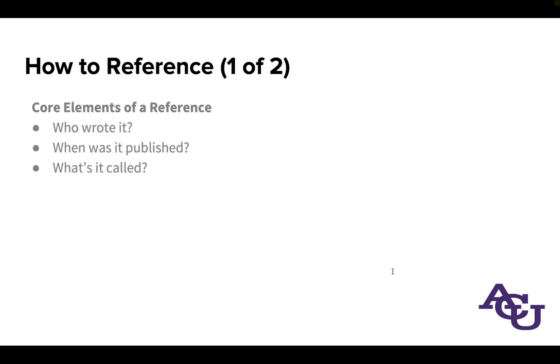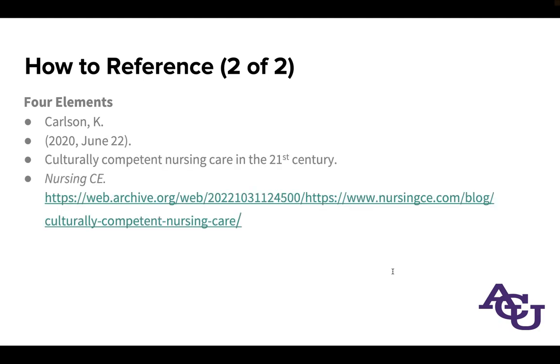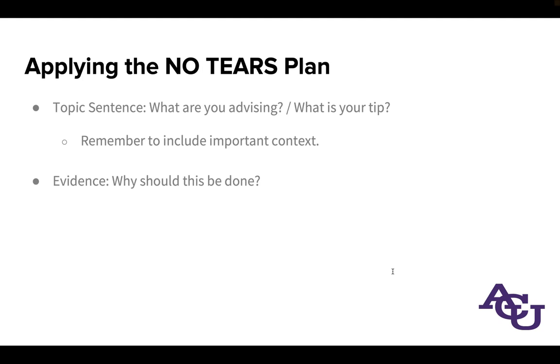Well, we have our no tiers plan for paragraph writing, which does walk you through several different ways that you can develop your ideas, including starting with a topic sentence that focuses things, gives us evidence to support whatever claim you're making, discusses why that's important, and the evidence could be, when you're talking about your workplace, oh, well, this author, Carlson, says to do that. Or Carlson says it's important to be done. Or Carlson says don't do that, as the case may be.